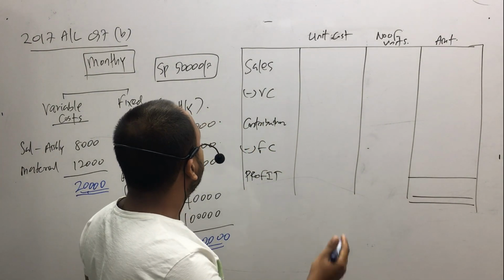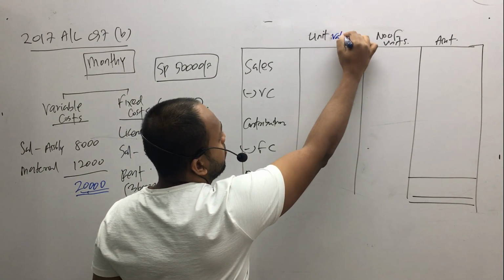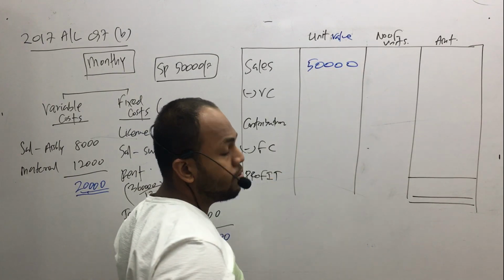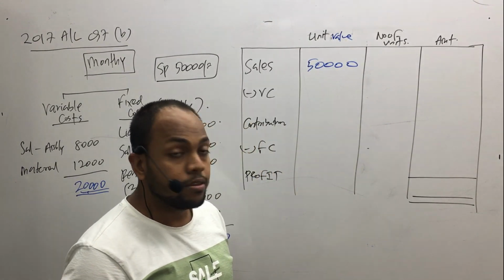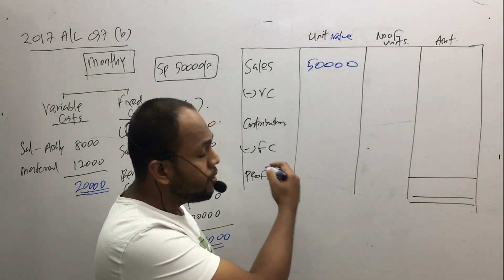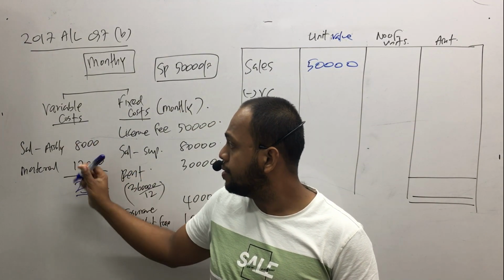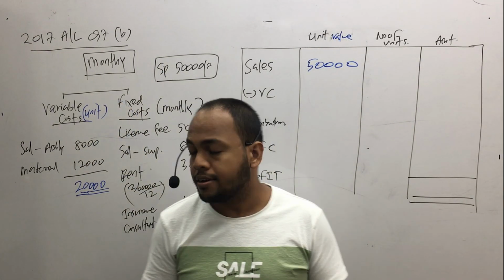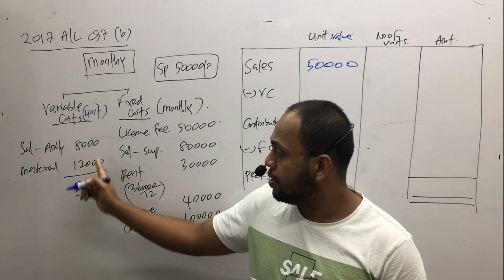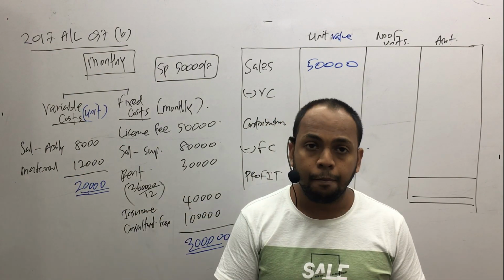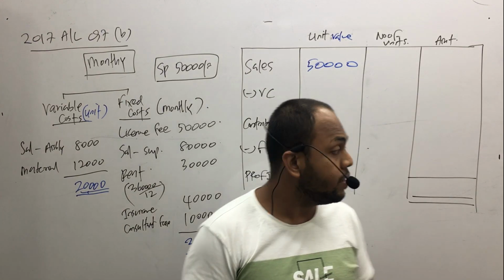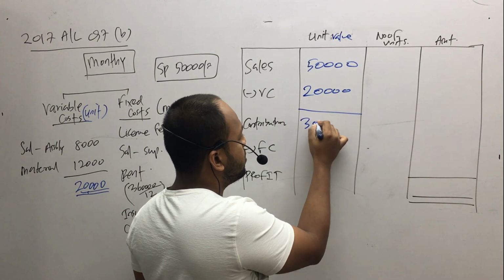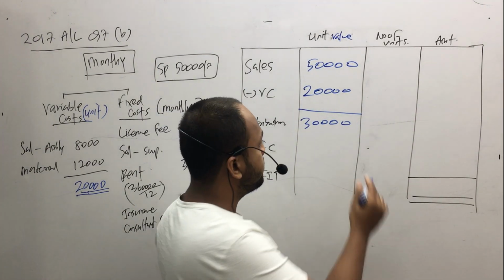Sales unit price is 50,000. For the variable cost per unit, we pay 8,000 for assembly and 12,000 for material, so 20,000 variable cost per unit. The contribution per unit is 30,000.